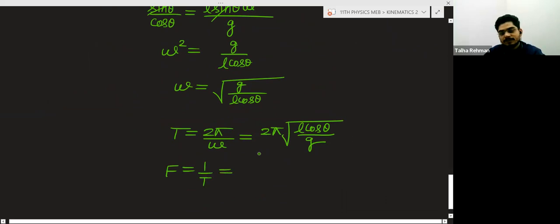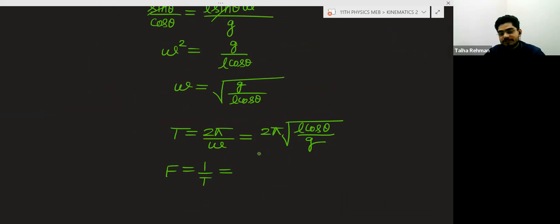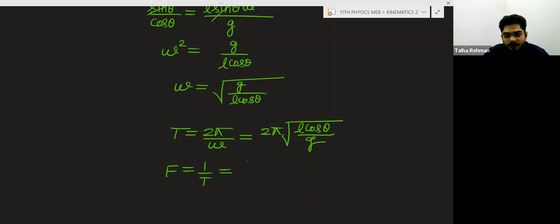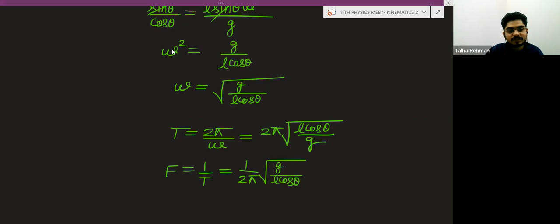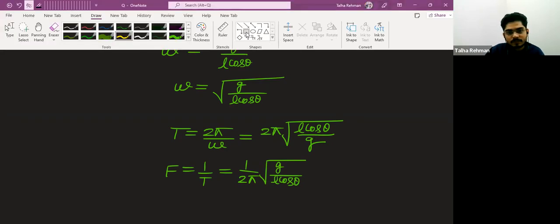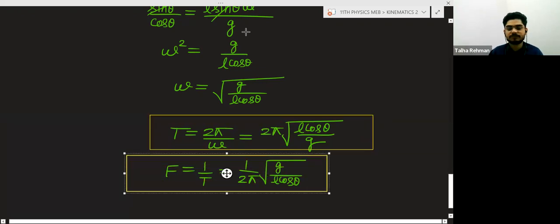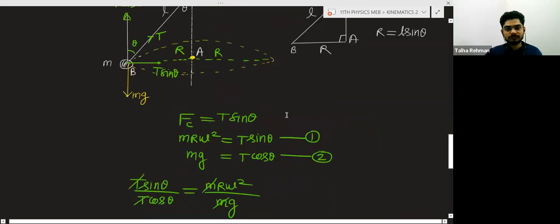Time period is 2 pi by omega, so 1 upon time period means the reciprocal of this. The reciprocal will be 1 upon 2 pi, and the reciprocal of this, g divided by L cos theta. So this is the time period and this is the frequency.